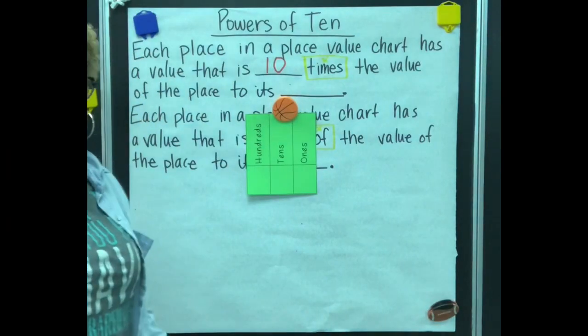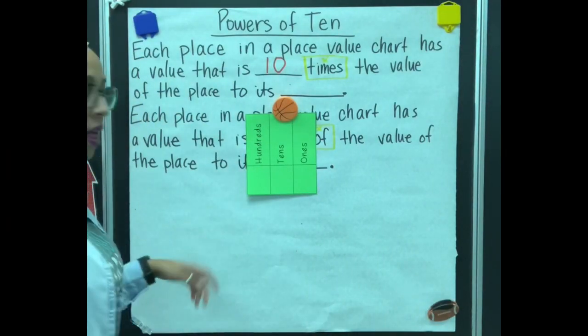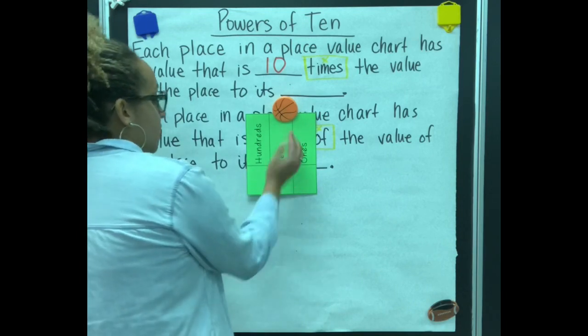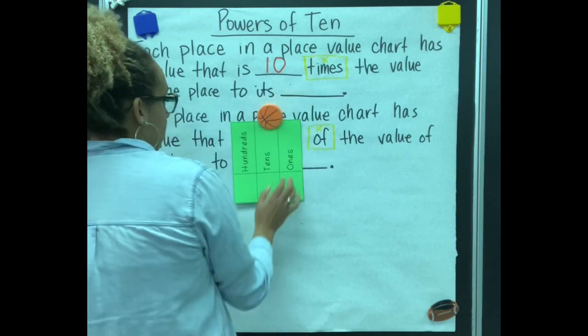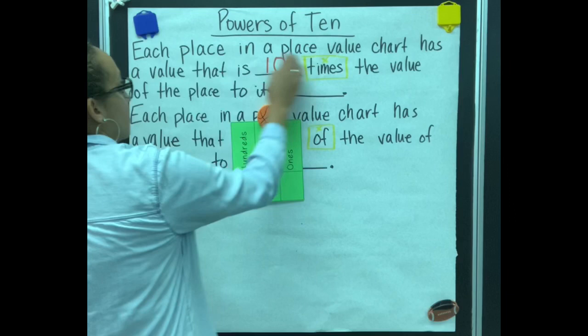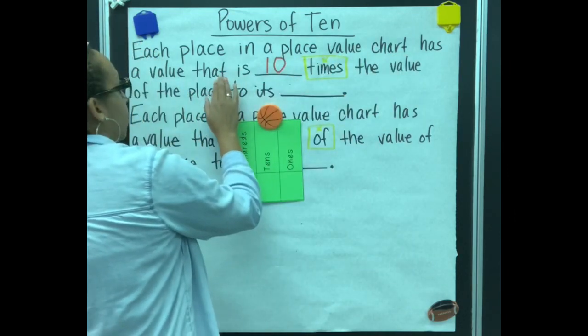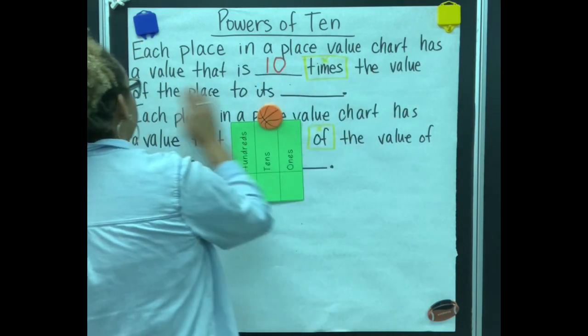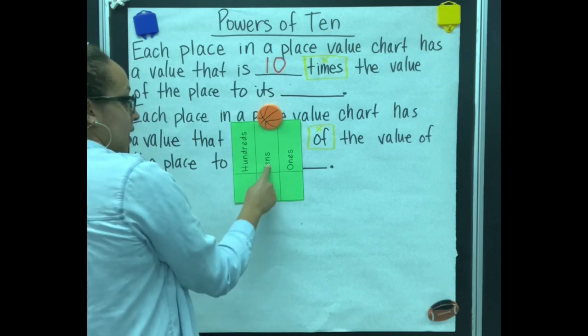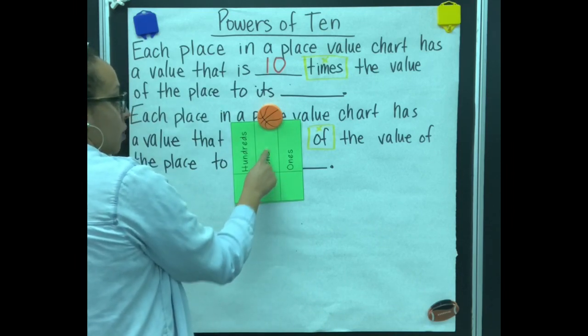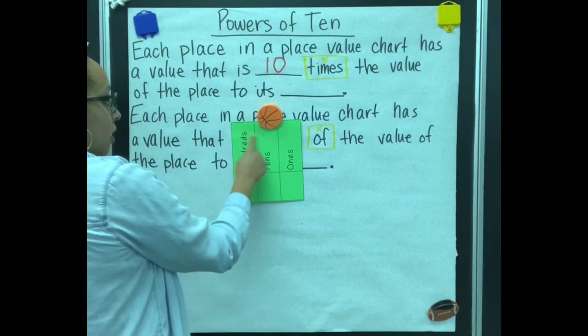Talking about your hundreds house, and we're looking at our tens place. Each place in the place value chart has a value that is 10 times the value of the place to its what? Is this 10 times greater than ones or 10 times greater than hundreds?